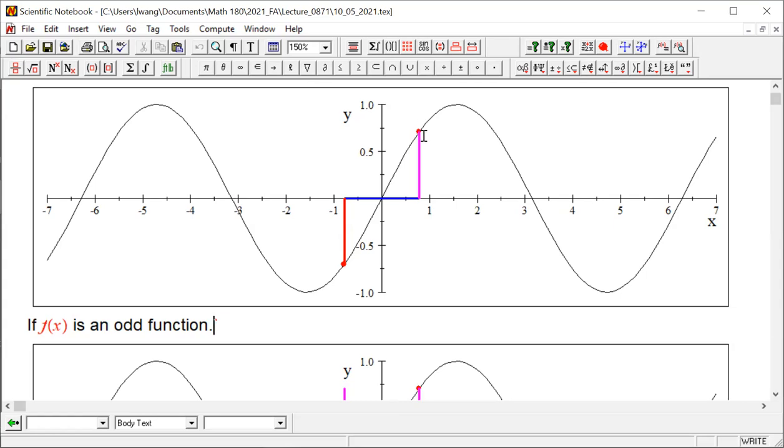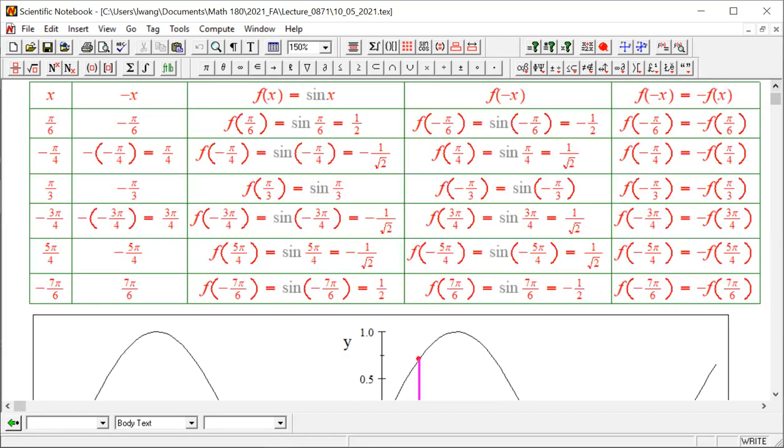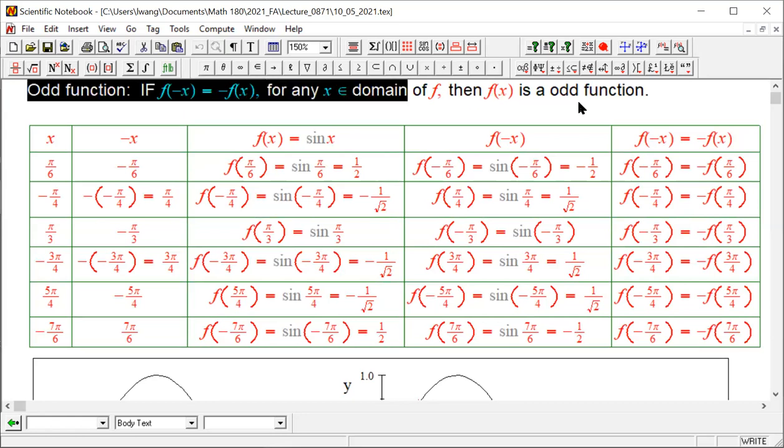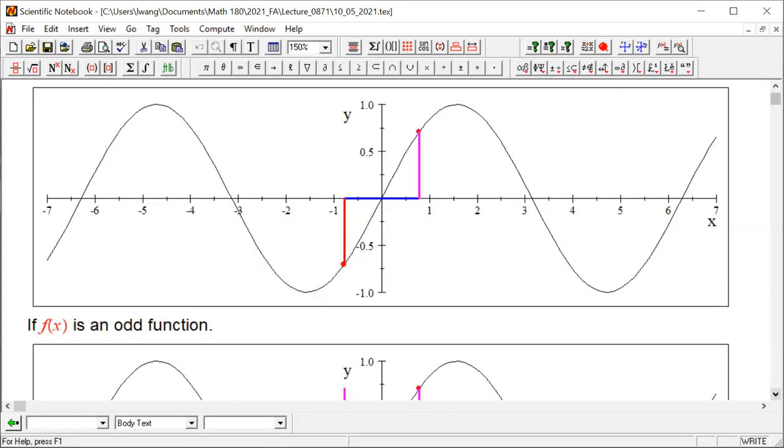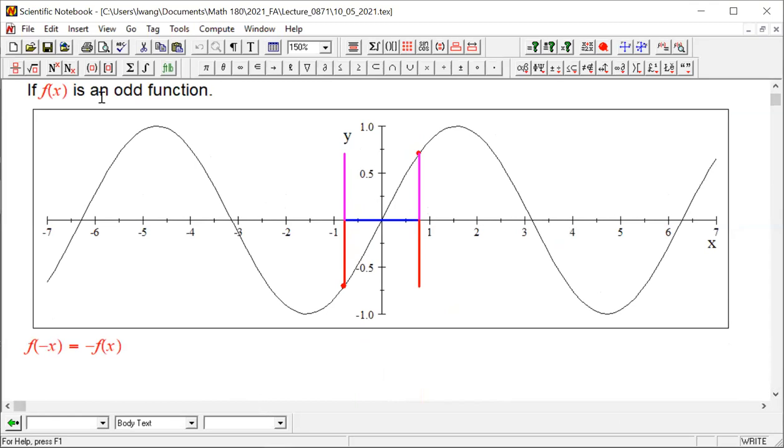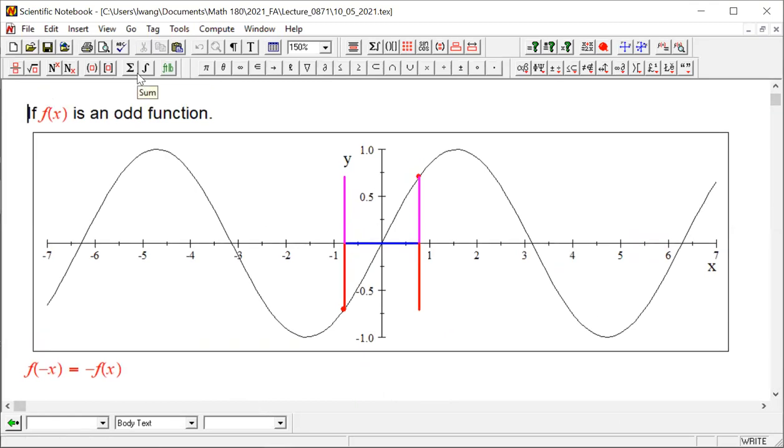All right. So when you look at this picture, what do you see? How is this related to the definition of odd function? So we're going to take the definition of odd function with us. And I want you guys to have your paper and pencil with you, please.